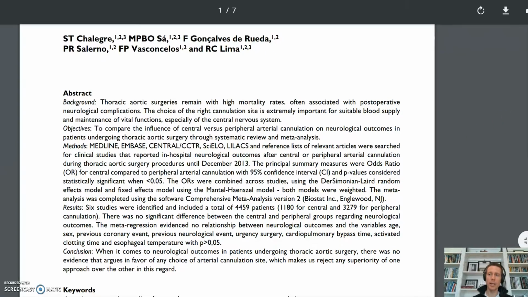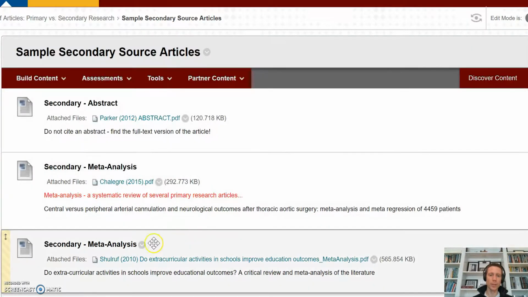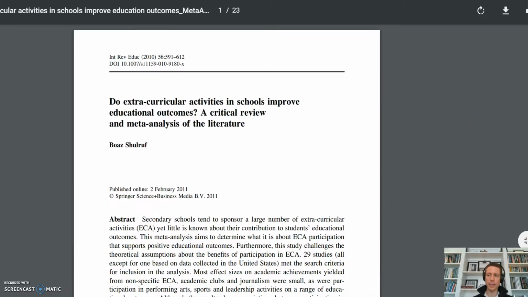And so their methods section will discuss how they found those other primary research articles and how they ran the meta-analysis. So this is secondary research. All right. Another example, meta-analysis here.